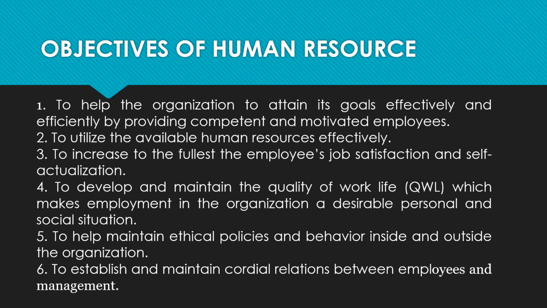Without that, you cannot achieve a goal effectively. So HR's main aim is to help the organization achieve its goal effectively and efficiently by providing competent, eligible, and motivated employees. At the same time, it utilizes the available human resource effectively.